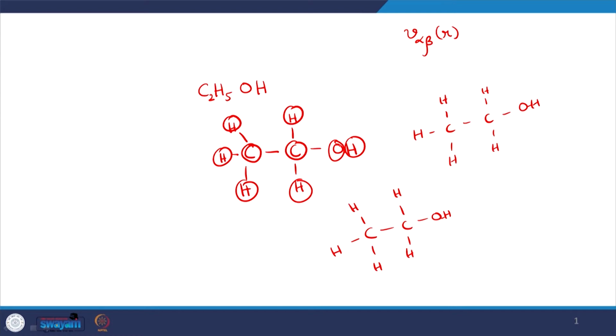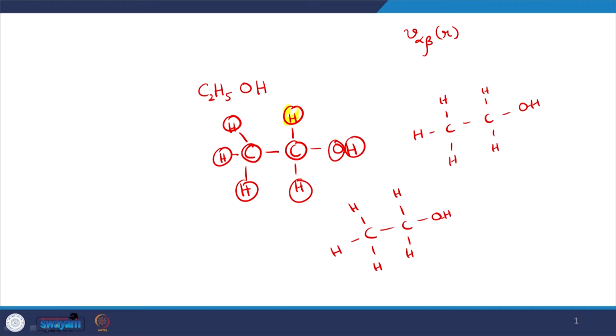Now clearly when we look at the interaction between 2 ethanol molecules, it is essentially the interaction between the atoms of one ethanol molecule with another ethanol molecule. In fact, there can be interactions present between atoms of the same molecule. So for example, let's say I look at this hydrogen atom here.